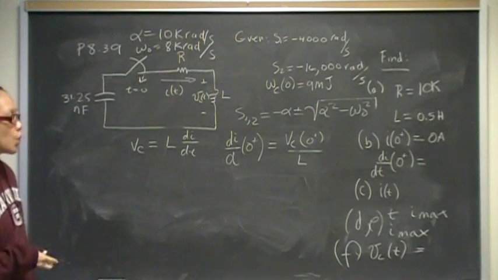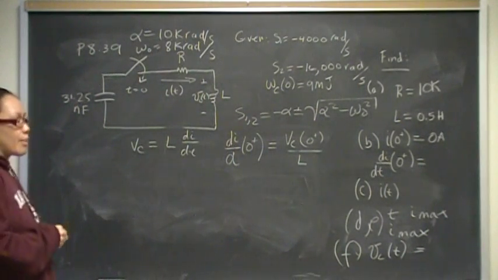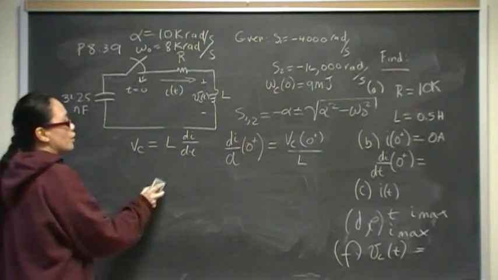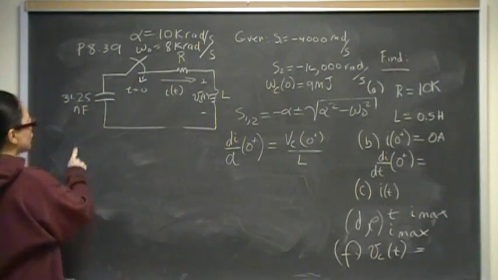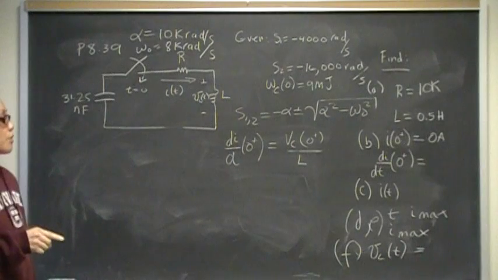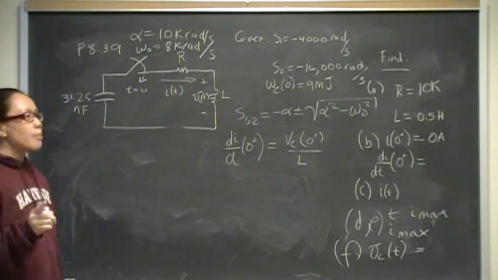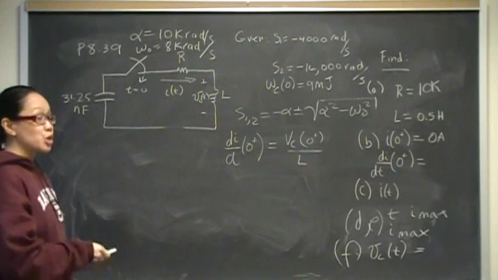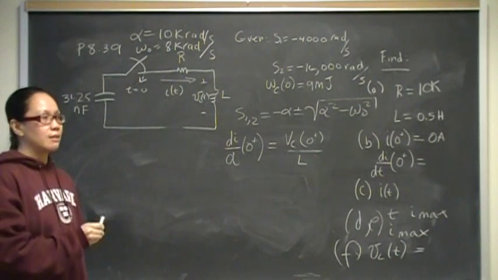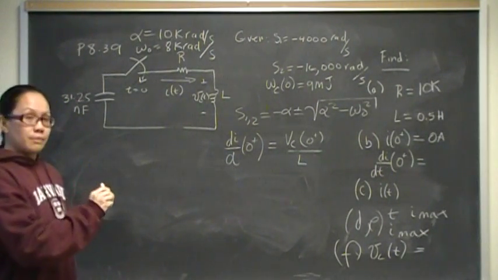We do know what the energy is in the capacitor. So remember a couple of things. We know the energy that's in that capacitor, but we don't know the voltage. We also know there's a property about capacitors, and that is capacitors cannot change voltage immediately after switching occurs.